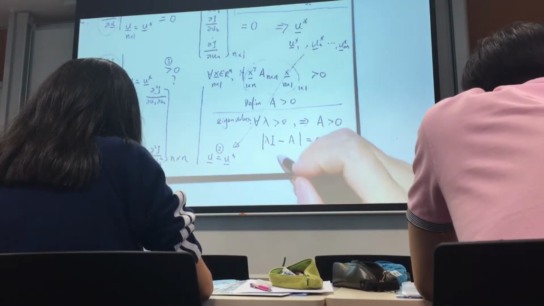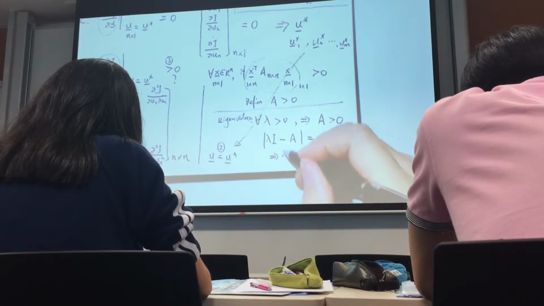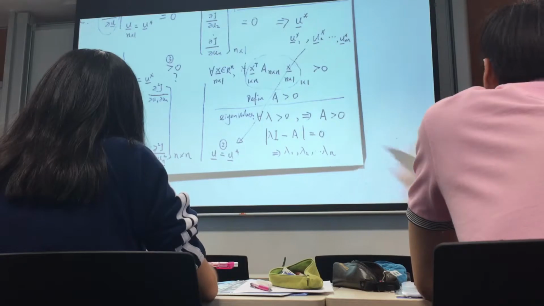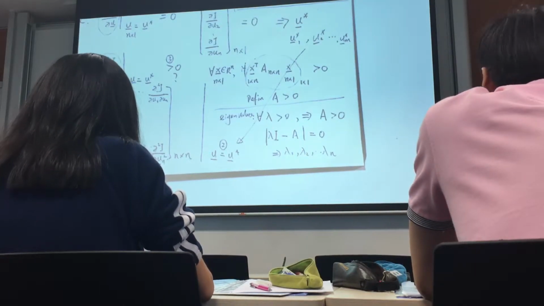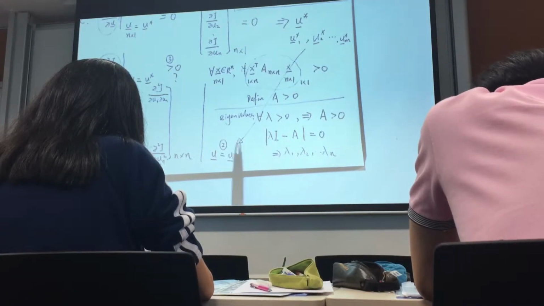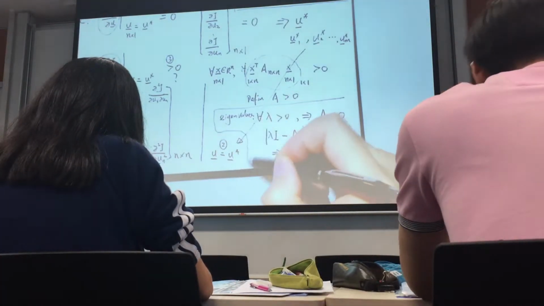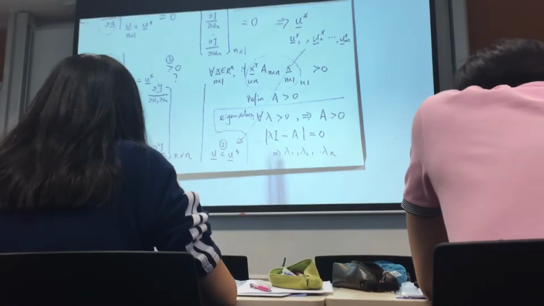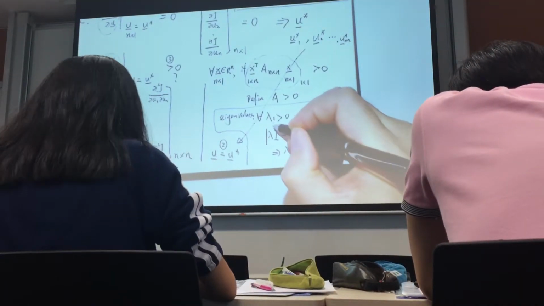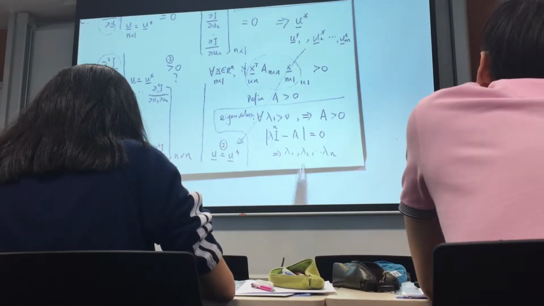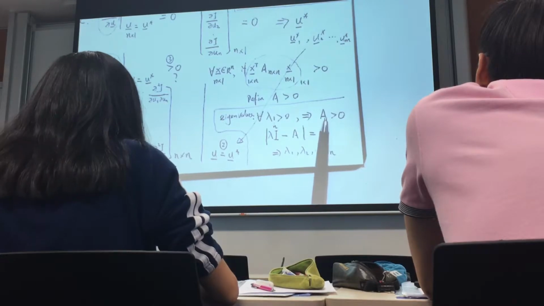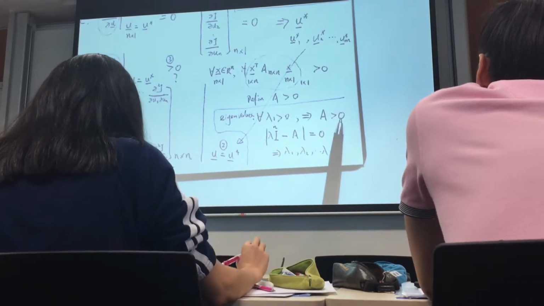This will give you lambda 1, lambda 2, up to lambda n. So now we have this solution. If all the eigenvalues, lambda 1 up to lambda n, are greater than 0, then we say this matrix is positive.